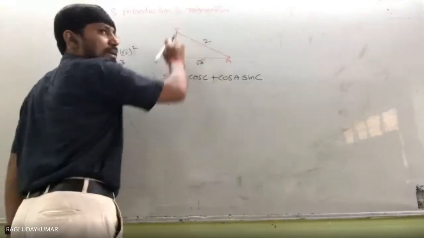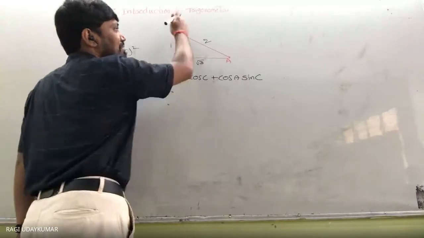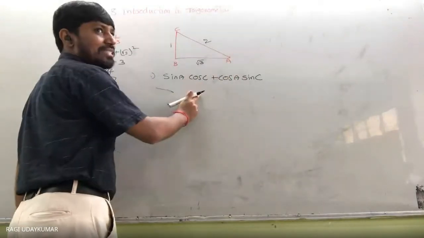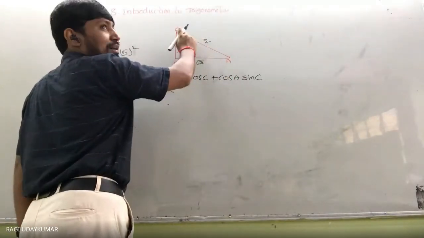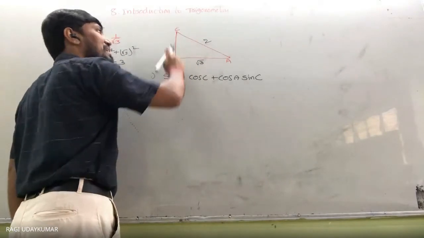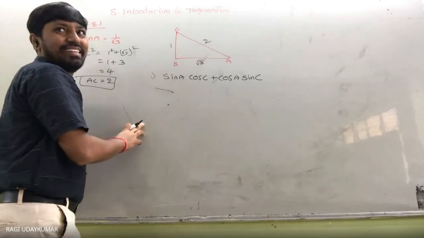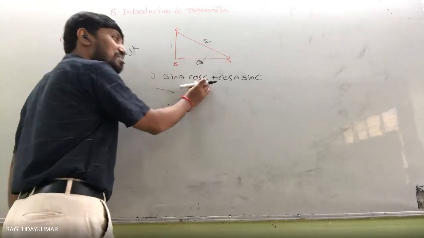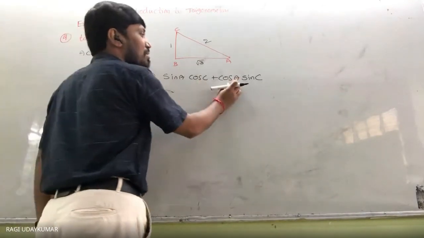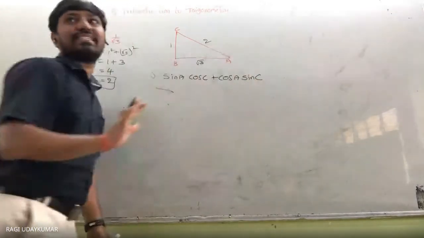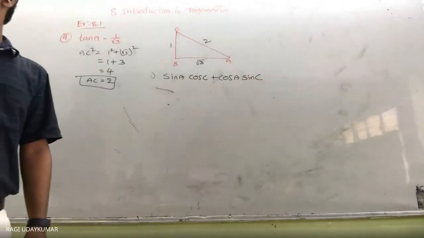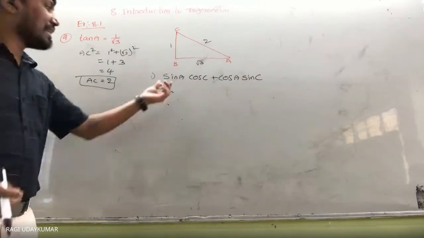Actually if you write step-wise, BC by AC into cos C is nothing but the adjacent of C, BC by AC only. This we are going to get as BC by AC whole square. This will also be BC by AC, this will also be BC by AC, this will be AB by AC, this will also be AB by AC. Hey, look at this, sin A.